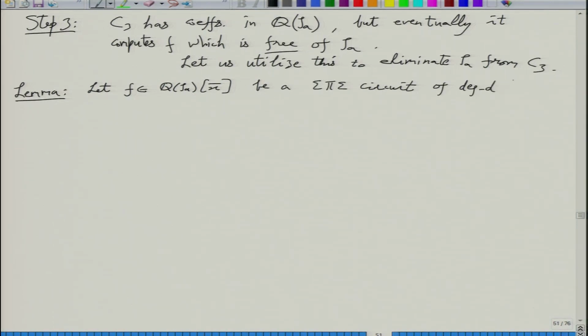Degree D, size S. I am calling F as the circuit. Let me do that. So F is the depth 3 circuit computing a polynomial in Q[X].